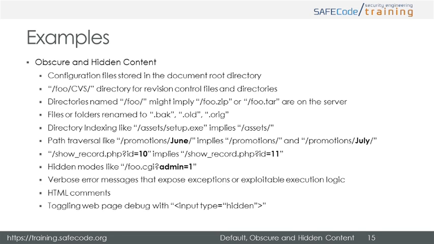Someone curious might try promotions/July. Error messages with code comments that expose exploitable system logic, and system modes that expose logic, such as the hidden HTML tag for passing information in web pages.